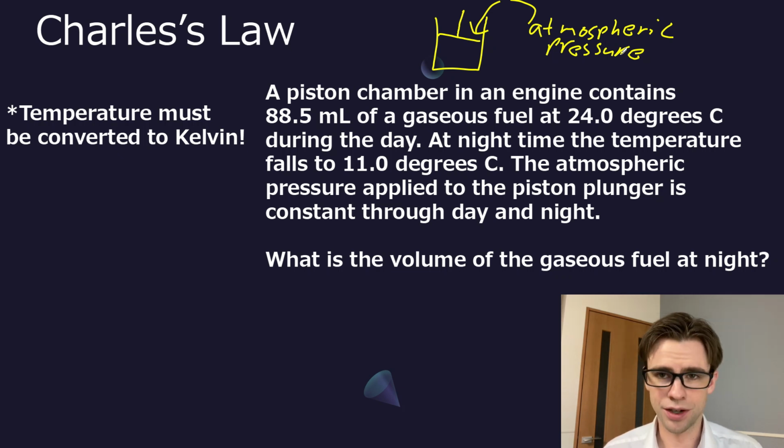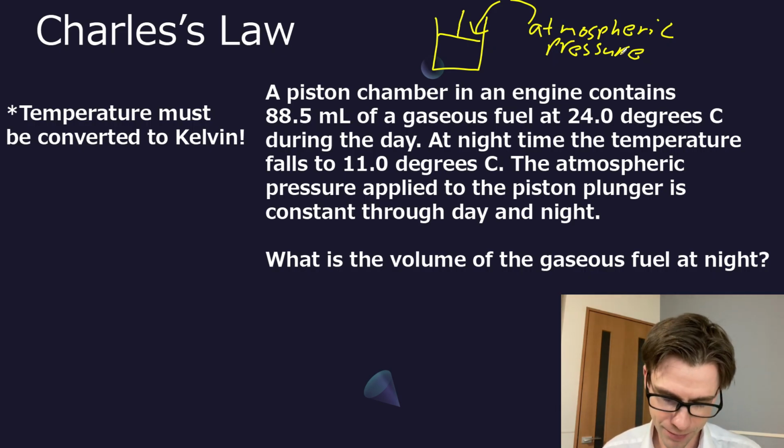This is in contrast to a glass sealed container that can't change its volume at all. This piston chamber can change its volume, and the pressure will basically be constant at atmospheric pressure. So what's the volume of the gaseous fuel at night?